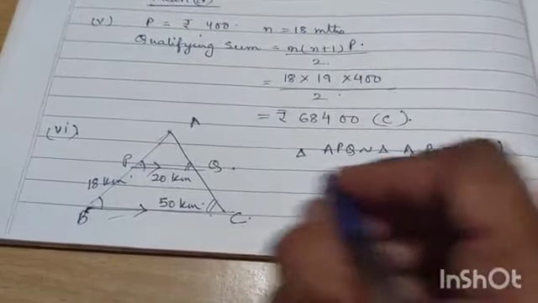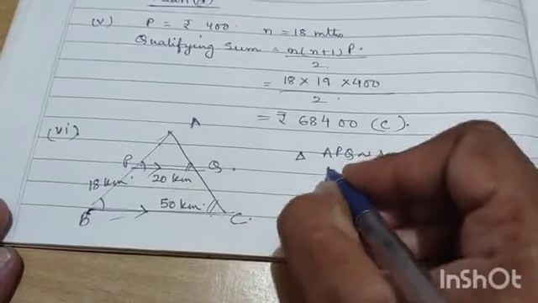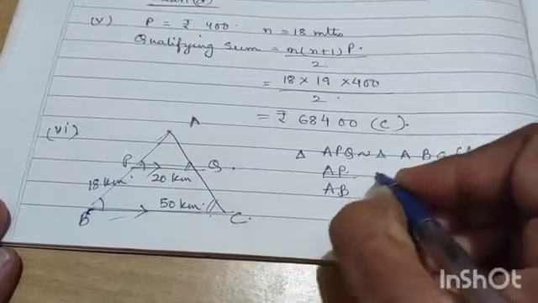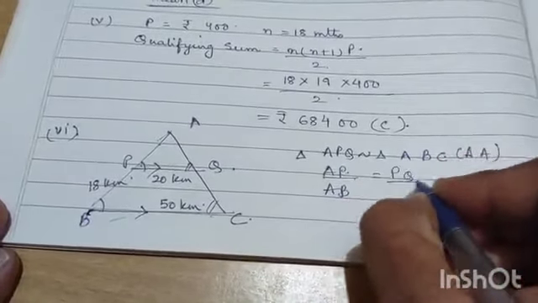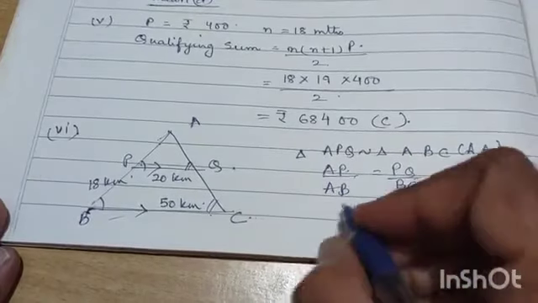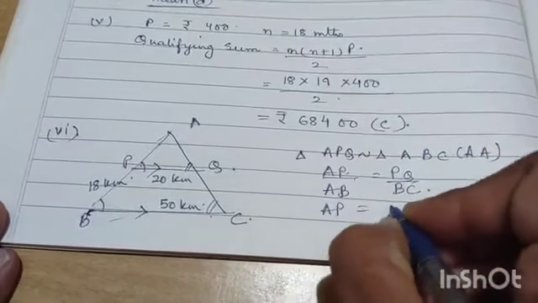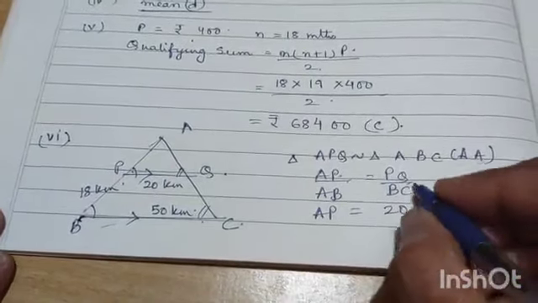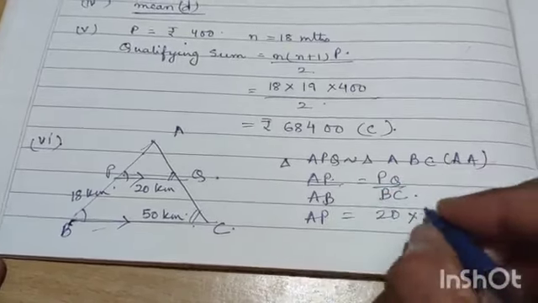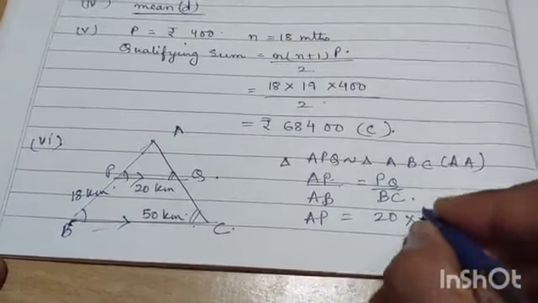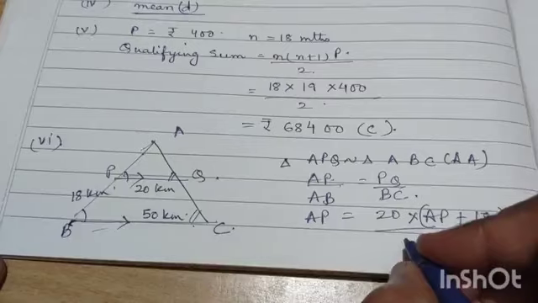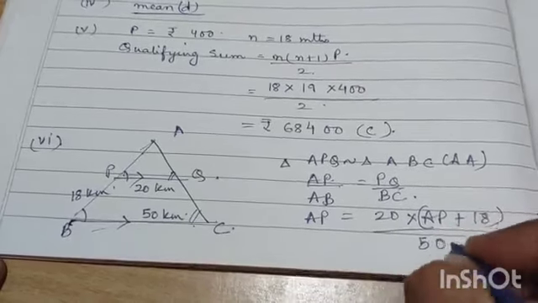Since these two triangles are similar, we have the ratio of the sides AP by AB is equal to PQ by BC, or AP over (AP plus 18) is equal to PQ, that is 20, over BC, that is 50.